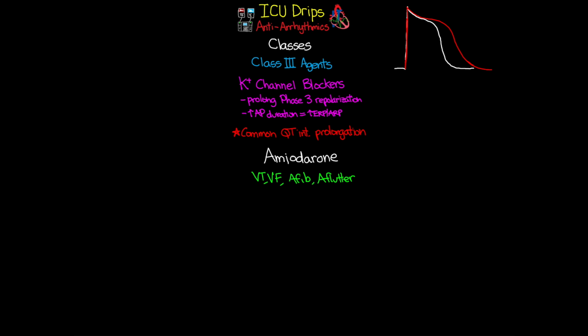Another interesting thing about amiodarone is it actually has effects that mimic class 1, class 2, obviously class 3, as well as class 4 actions. And so because of this, it does have alpha and beta adrenergic blocking properties. And so in particular with this medication it can result in bradycardia, AV blocks, hypotension, and even torsades.